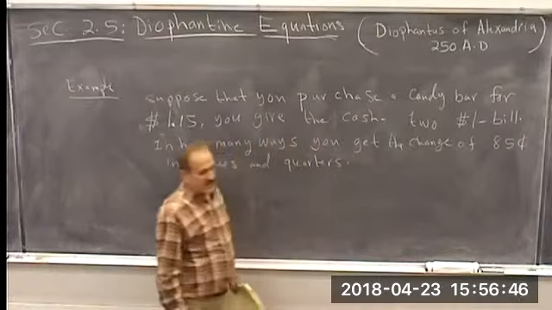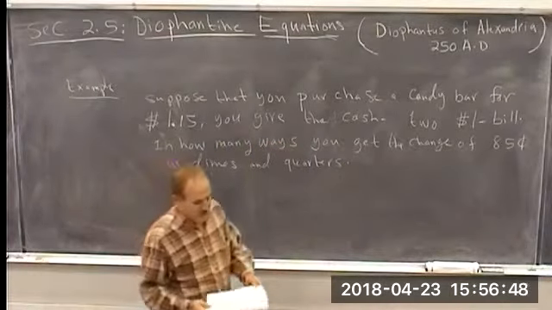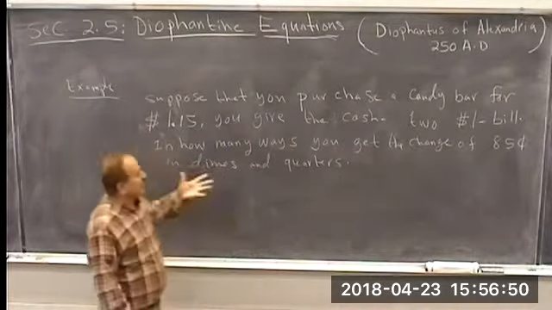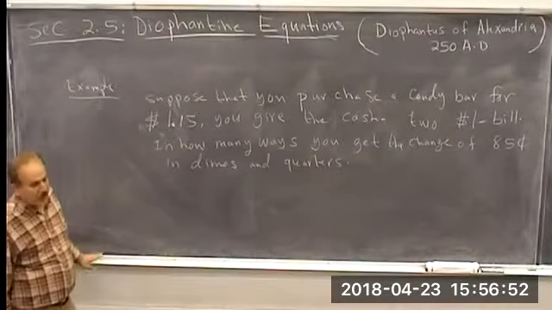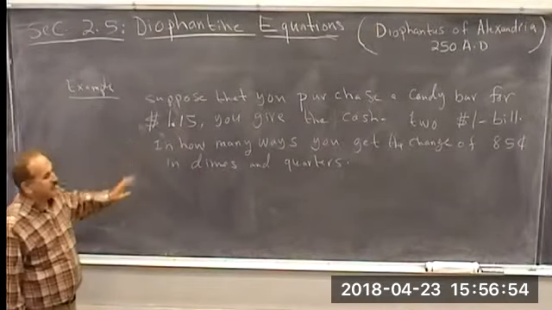Of course, if we allow some other types of coins to be used in the change, this becomes a little more complicated. Okay, so I want to make it a simpler one.